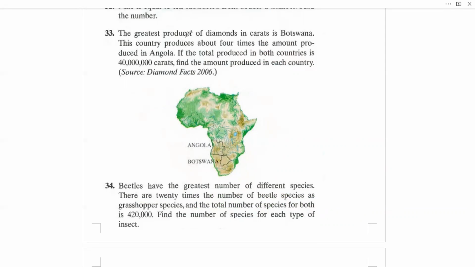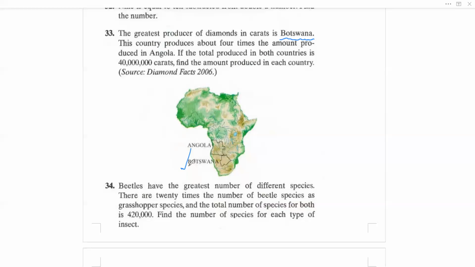The greatest producer of diamond in karat is Botswana. Yeah, it's right here, okay? This country produces about 4 times the amount produced in Angola. So for Angola, we don't know how much they produce, right?